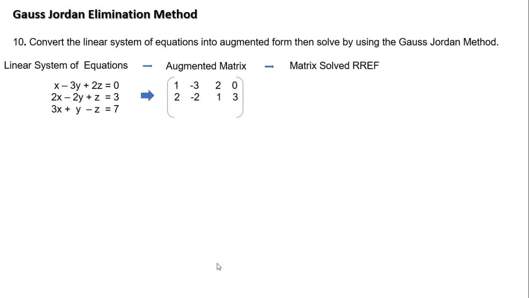Similarly to that second equation, I'm just grabbing the coefficients. It's 2, -2, 1, 3. And we have 3, 1, -1, 7 for our last equation. The way we represent the equal sign in our augmented matrix is by this line, and we call it a pipe, or it's just a line.